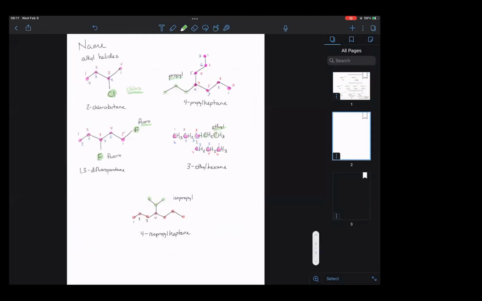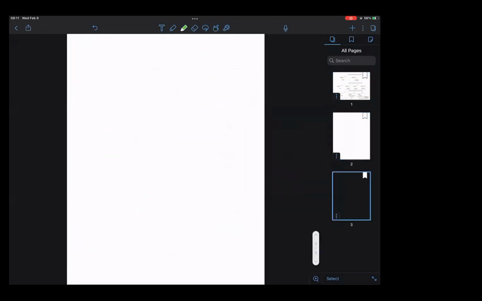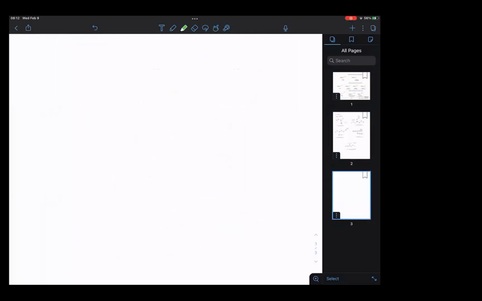A few more rules that I'll explicitly go over here just for the sake of review. We kind of started off basic last time. There's two more things that we want to consider here. And that is what happens if I have two different groups on my parent chain. So let's say we have something like this and like this.